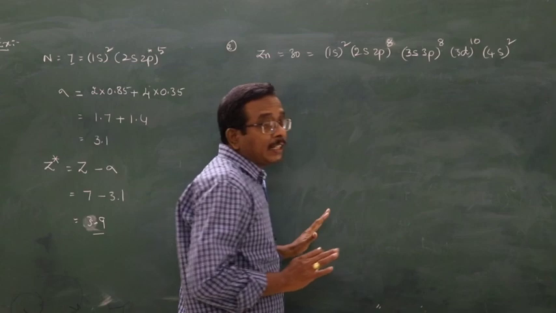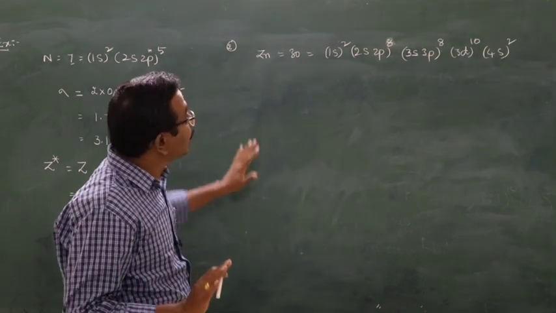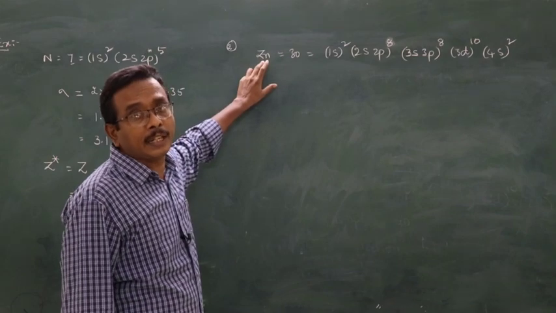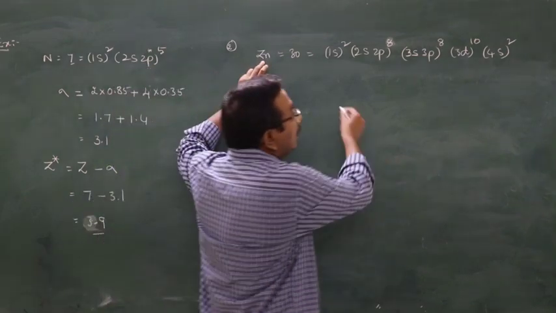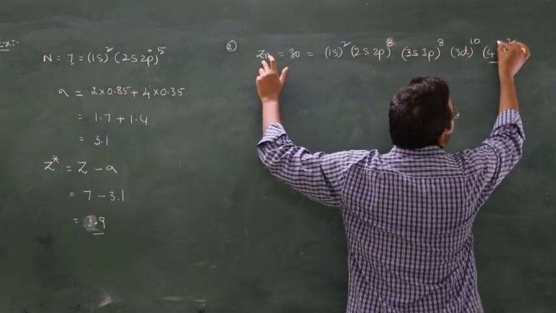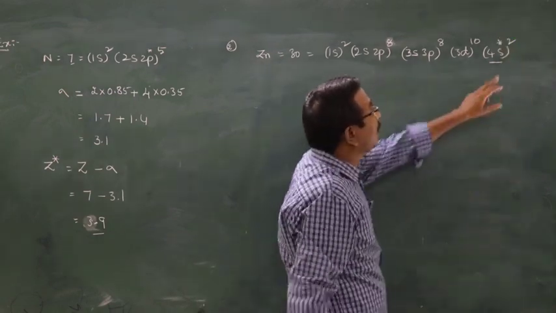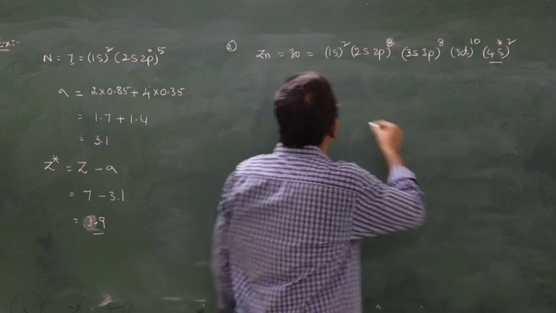Now what is the question here? Calculate the effective nuclear charge of the valence electron of the zinc atom or zinc metal. Here this is the outermost orbit. Now I would like to calculate the effective nuclear charge of the valence electron.